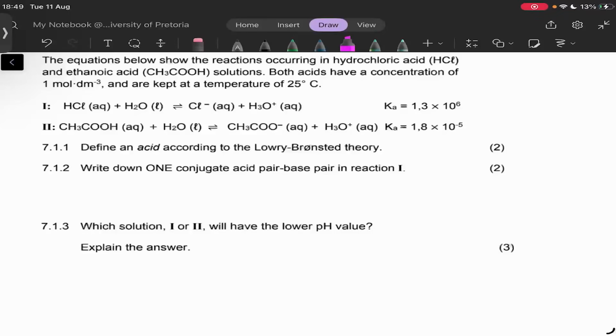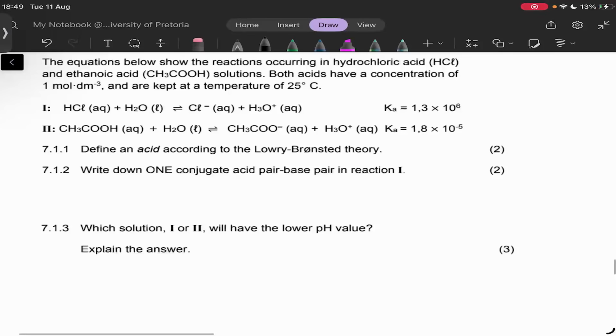Let's carry onwards. We have 7.1.2. Write down one conjugate acid-base pair in reaction one. So for 7.1.2, we have two options.